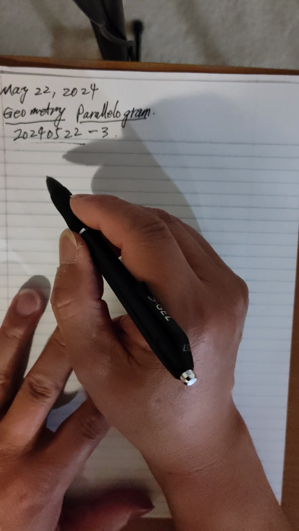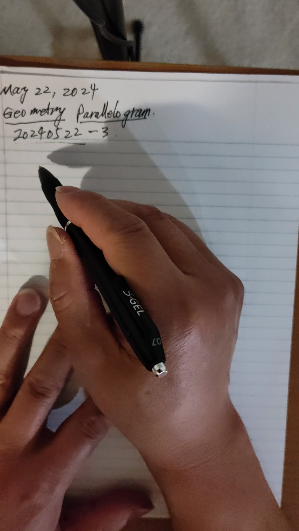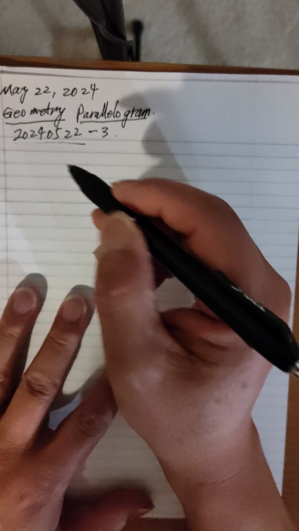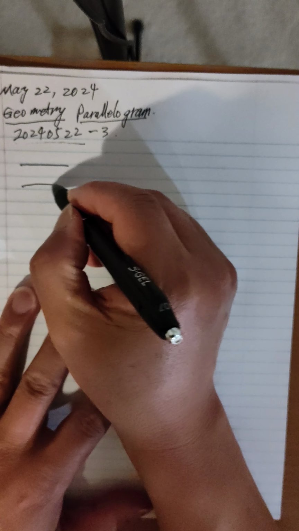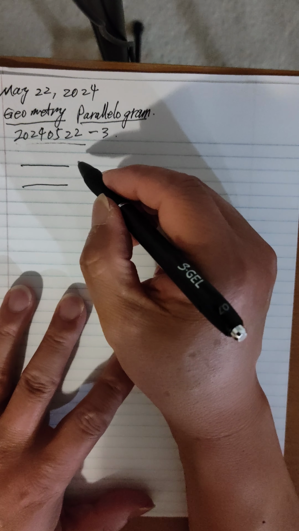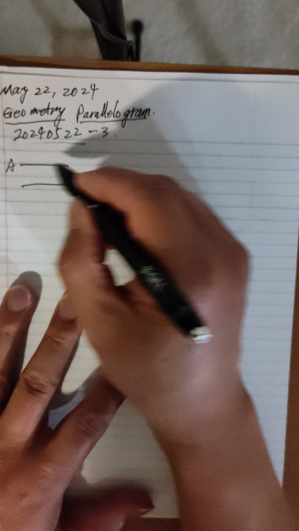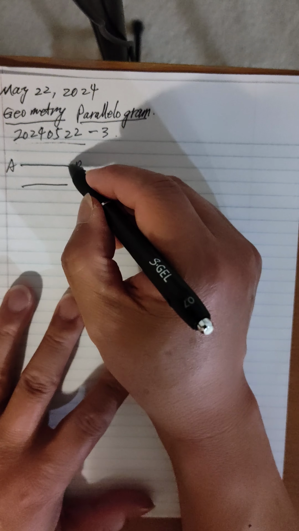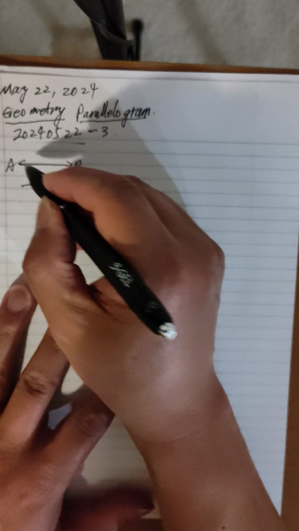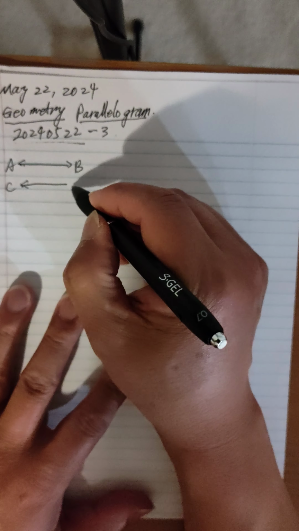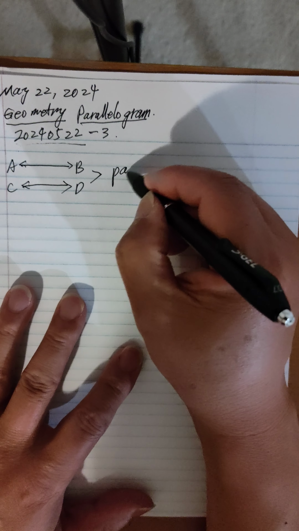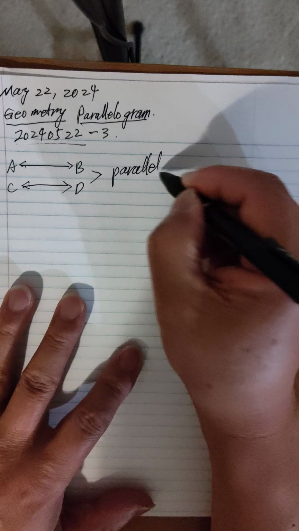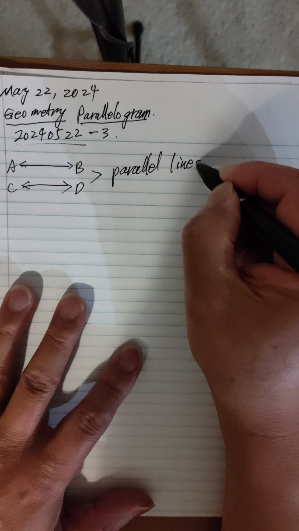Okay, so before we talk about the parallelogram, let's talk about the parallel lines first. So let's say this is the first line, AB. The second line is CD. Those are called parallel lines.